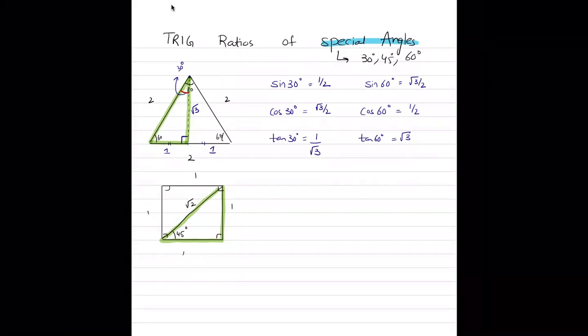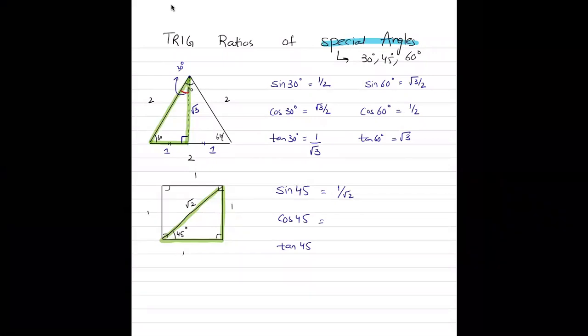Now if I ask you the ratio of sine of 45, cos of 45 and tan of 45, you can find it from here. Sine of 45 is opposite over hypotenuse, so that is 1 upon square root 2.